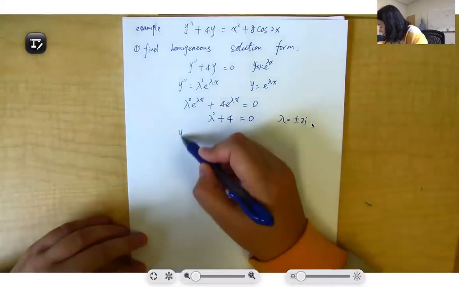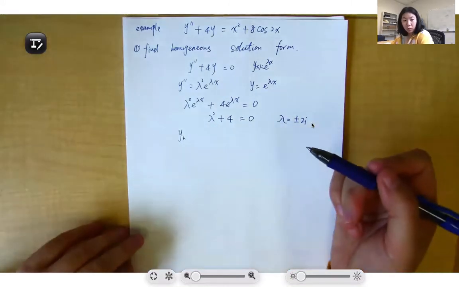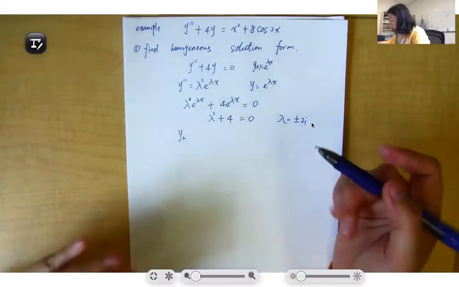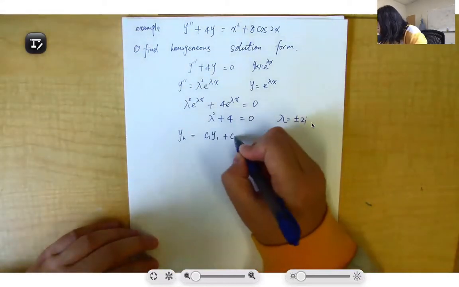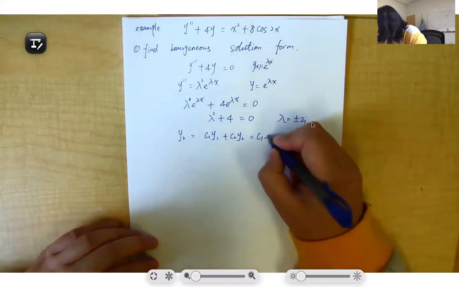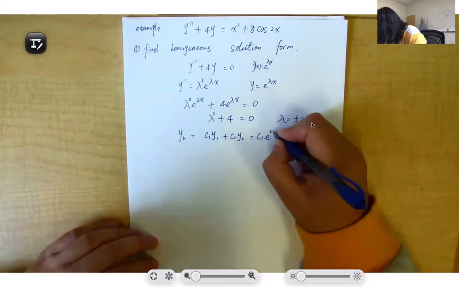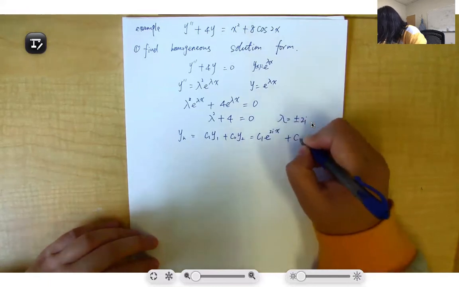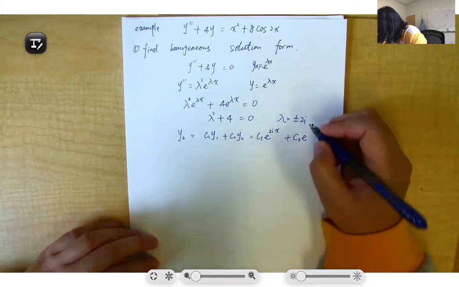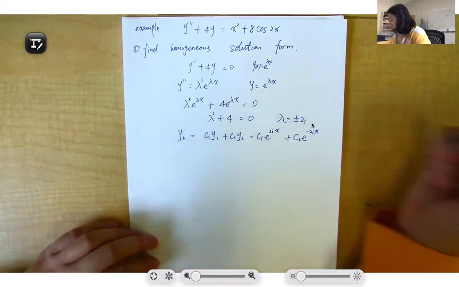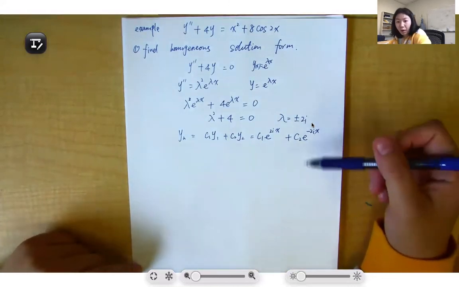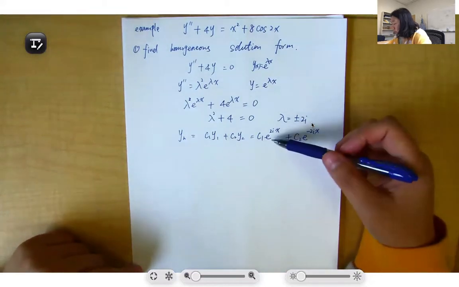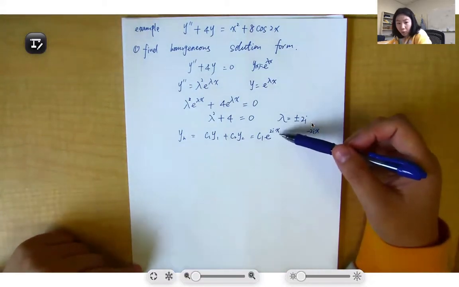Then your homogeneous solution will be a linear combination of two linearly independent solutions, y1, y2. So it will be C1 y1 plus C2 y2. C1 y1 is e to the 2ix plus C2 will be e to the minus 2ix, right? And here the part that transforms the e to the x to sine and cosine function is important.